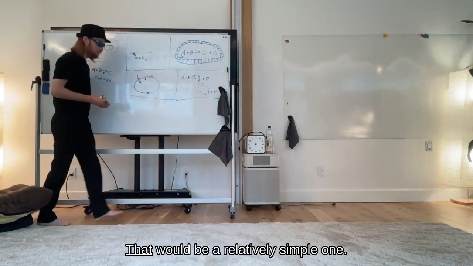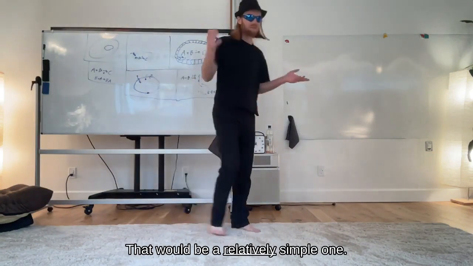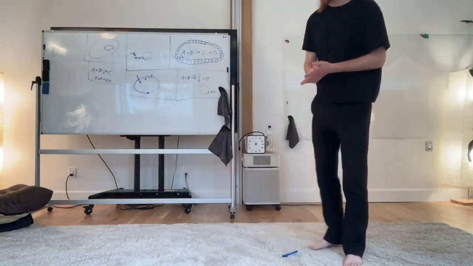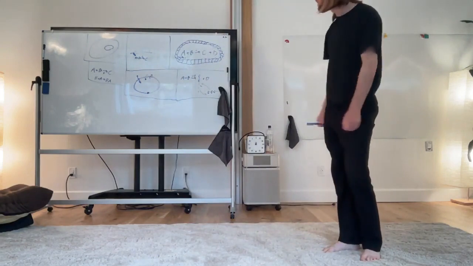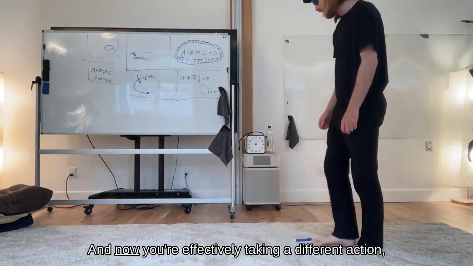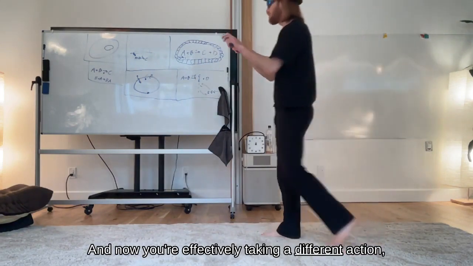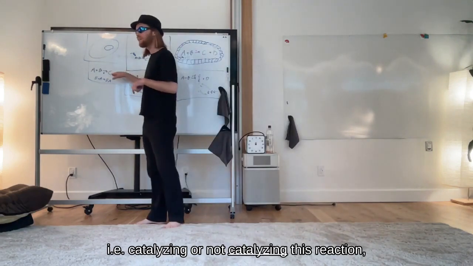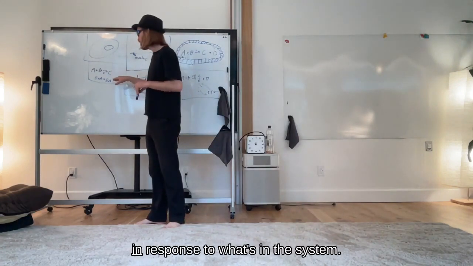That happens all the time in real systems. And now you're effectively taking a different action, i.e. catalyzing or not catalyzing this reaction, in response to what's in the system.